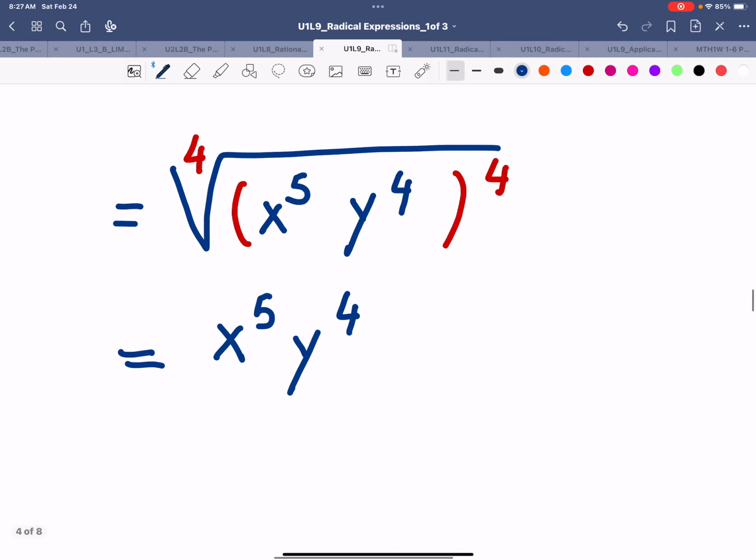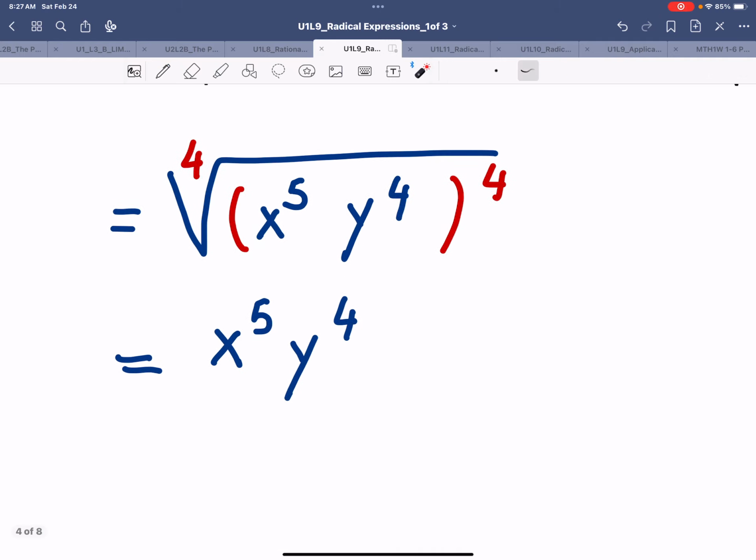Now, let's check and see what this term can become. If x is any real number, which means x can be positive, then x to the power of 5 is positive. x can be 0, and 0 to the power of 5 would be 0. Totally acceptable, because numbers that are positive or 0 can come out of an even root.